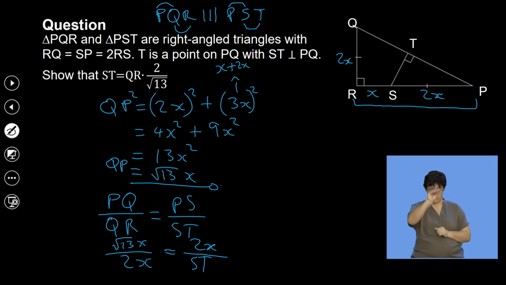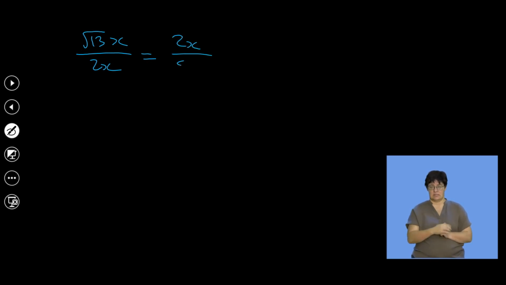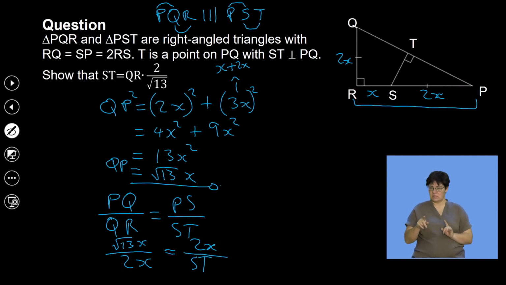So I will write the ratio. It's square root of 13x over 2x is equal to 2x over ST. Let's just verify quickly. It's PS, and that's 2x, yes. ST, and that is what we do not know, right?